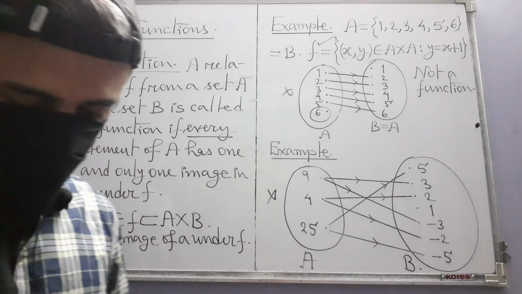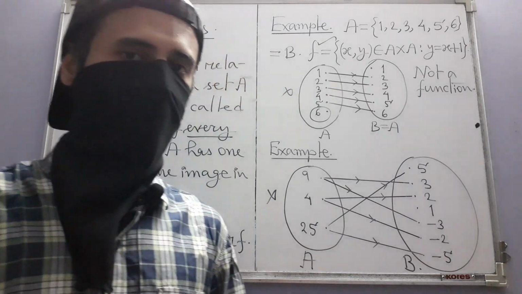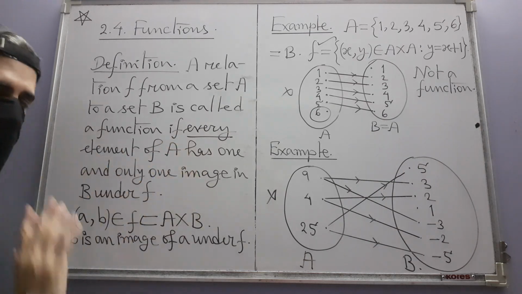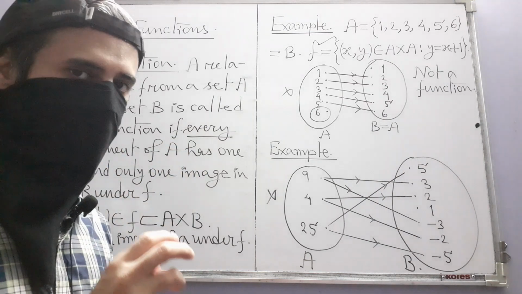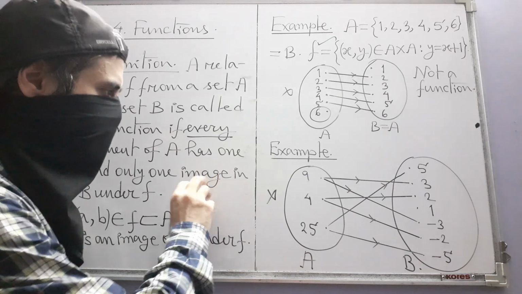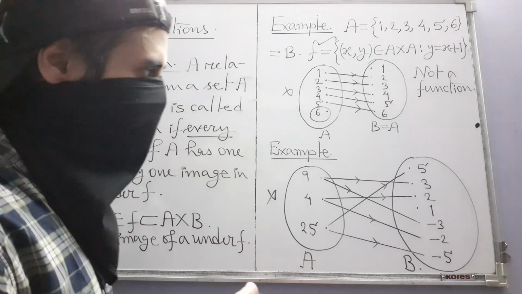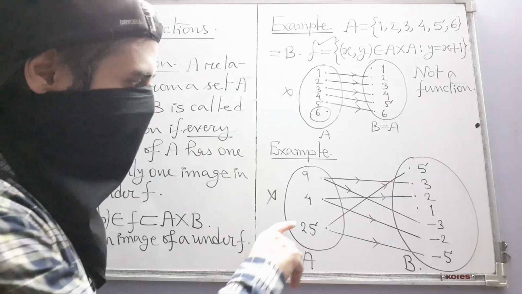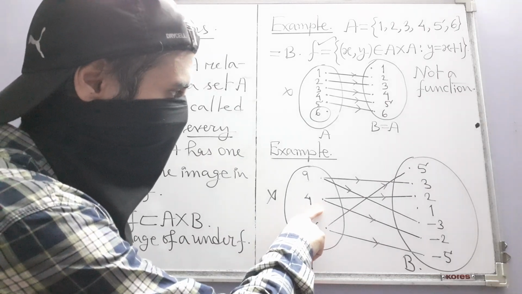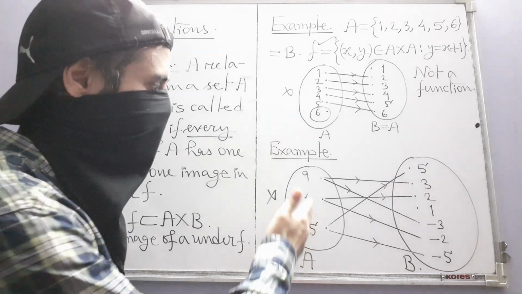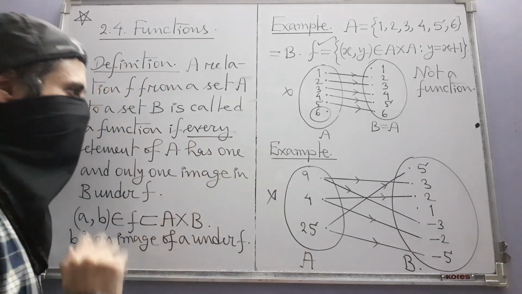Now, it may be a little difficult to remember this condition when you see it for the first time. You may put so much emphasis on ascertaining that you need a unique image that you may forget the full condition.